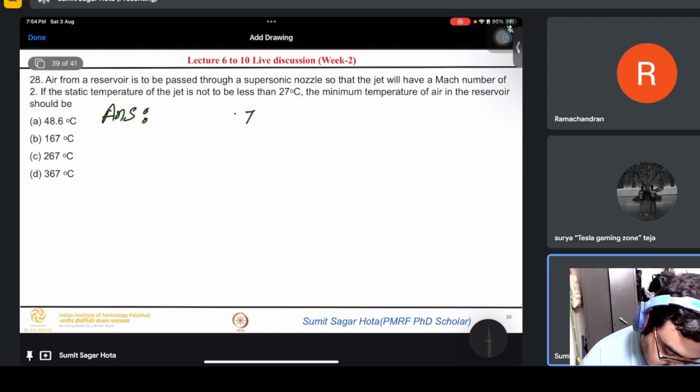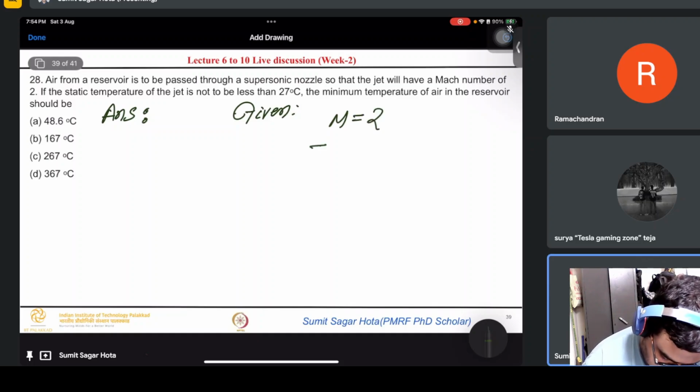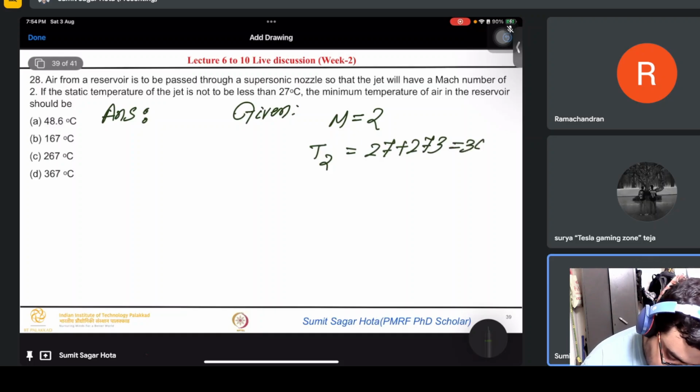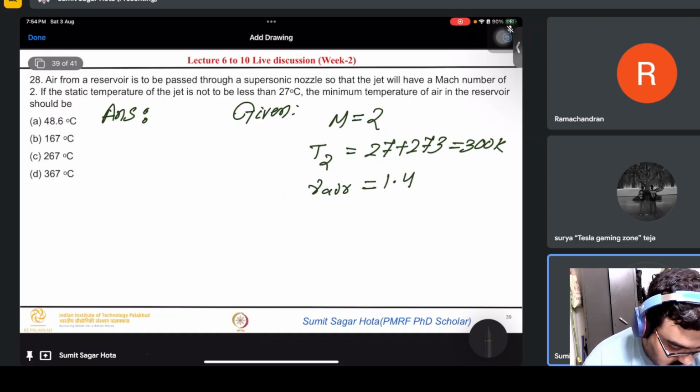So what are the things given? Obviously the Mach 2, T2 is 27 plus 273, 300 Kelvin. Gamma of air is 1.4.